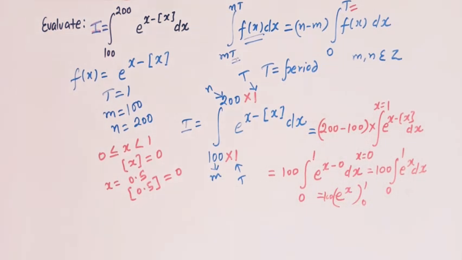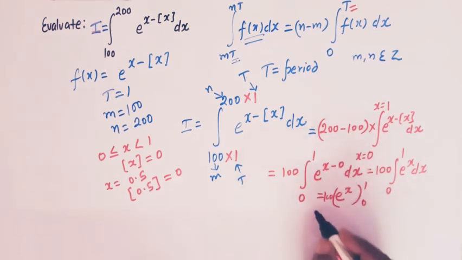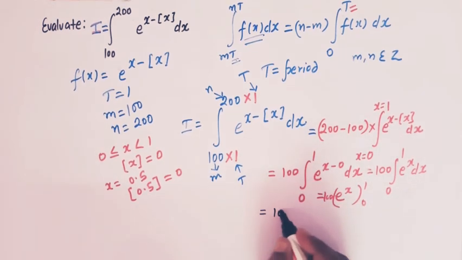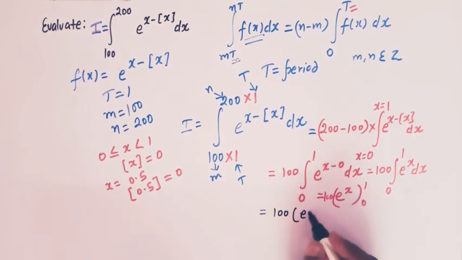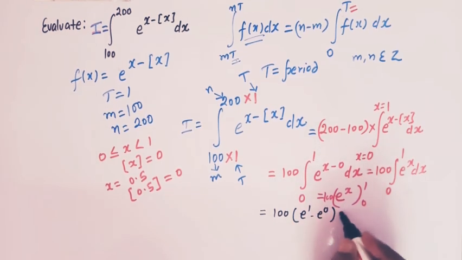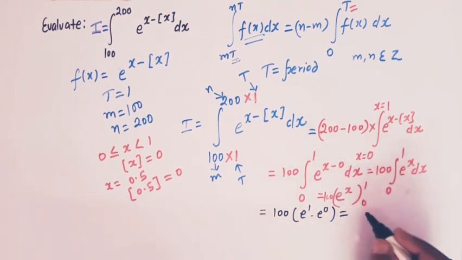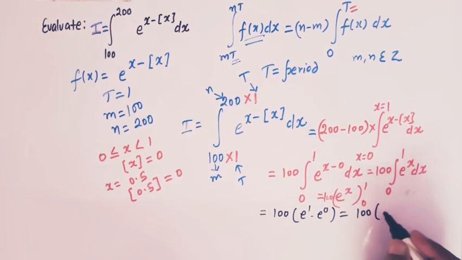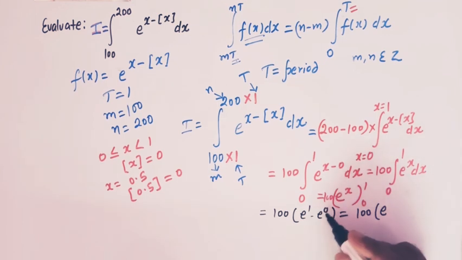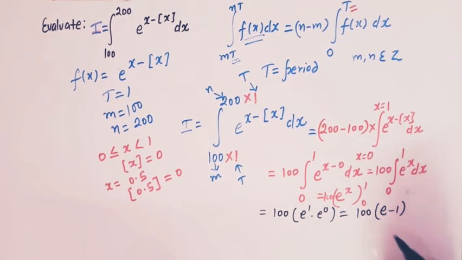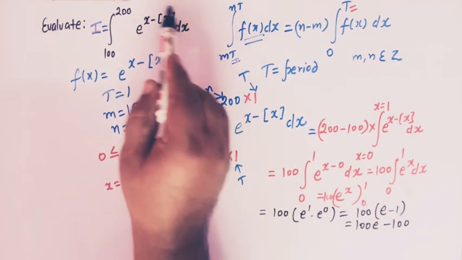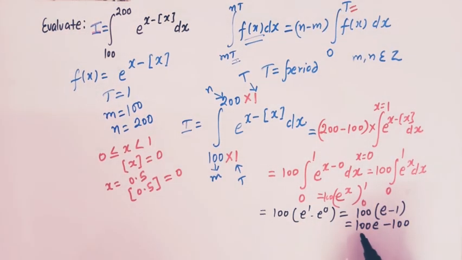Now we can further write it as 100 times e raised to 1 minus e raised to 0, because substituting the limits and taking the difference. So we have 100 times e raised to 1 is e and e raised to 0 is 1. So this is 100 times e minus 100. So the value of this integral is 100 times e minus 100.